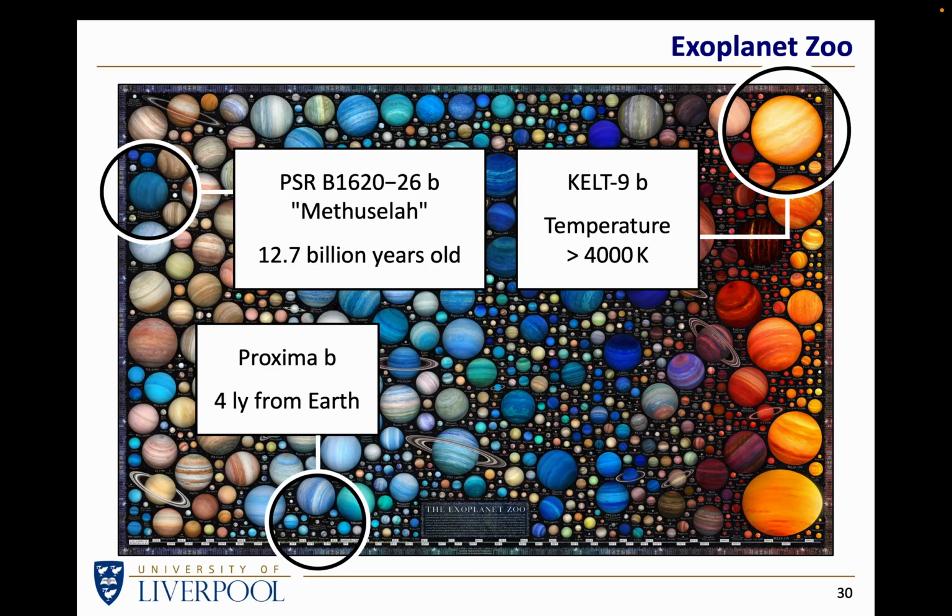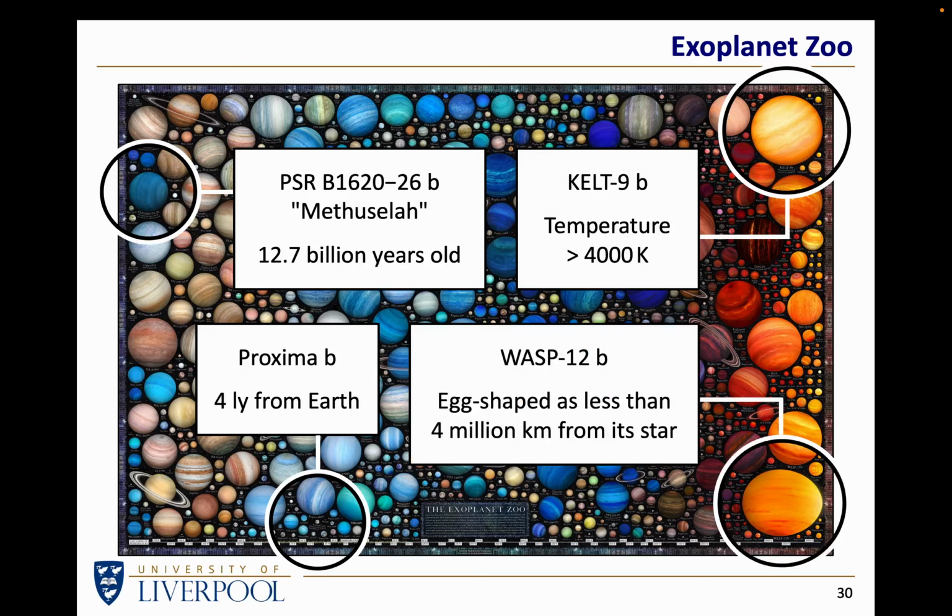And the one in the very bottom right that looks a little bit distorted, that's a genuine rendition of what we think the planet looks like, because that one is only a few million kilometers from its star and is thought to be quite definitely egg-shaped. When we calculate the tidal forces that we would expect on this planet, it produces an egg-shaped result. So we are fairly sure that's what this particular planet looks like.